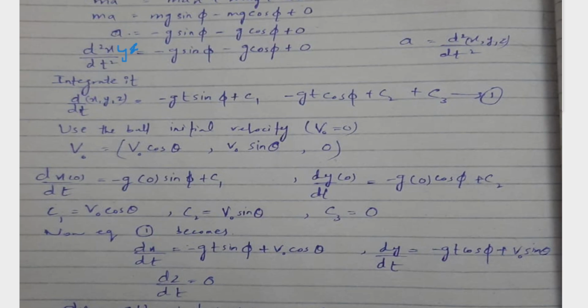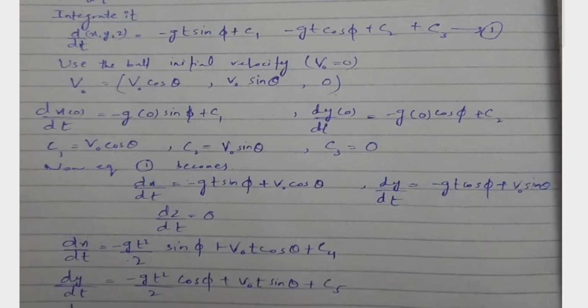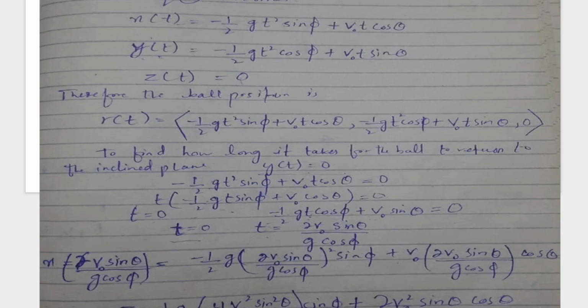The same is the case with this, and we will add some constant. For y, the same, and for z, there is some constant c6. You can name them any way you like, it's your own choice.